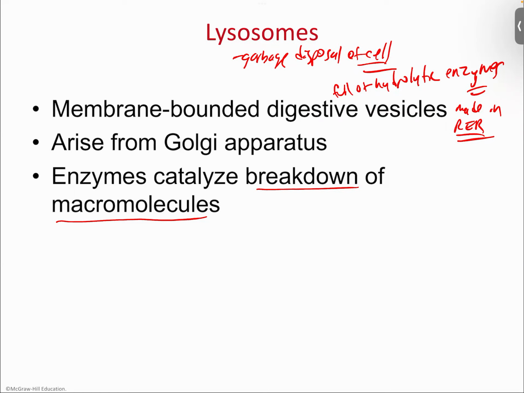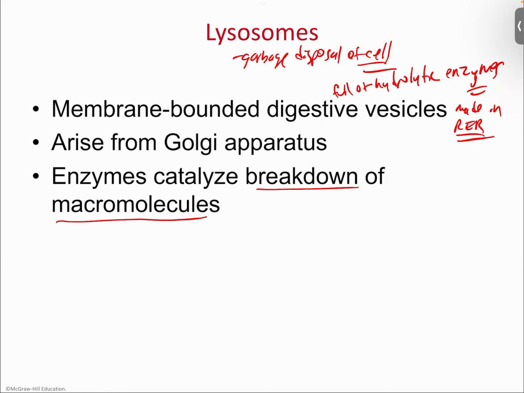Whenever it's sorting things out, it's saying, okay, this protein, is it going to be secreted? Then I'm going to move it into this membrane bubble, and I'm going to call this membrane bubble a secretory vesicle. Its destination is the membrane to fuse with it so it can dump its contents to the outside of the cell. This enzyme, oh, you're a hydrolytic enzyme, aren't you? So I'm going to put you over here with my other hydrolytic enzymes, in another bubble that's going to pinch off of me, but that one is not going to be released. That one's going to hang out in the cell. We're going to call that one the lysosome.